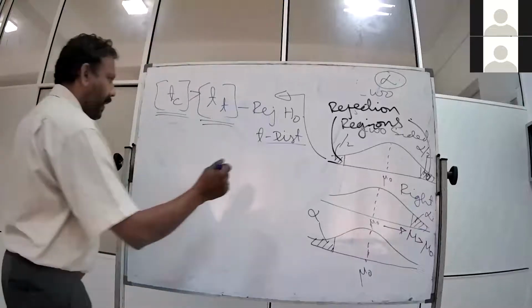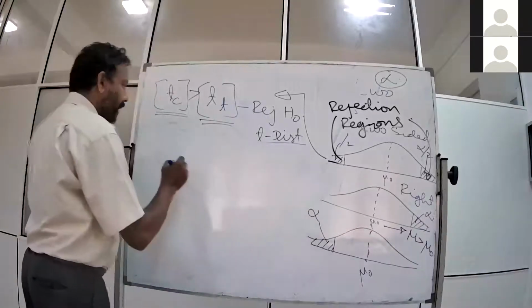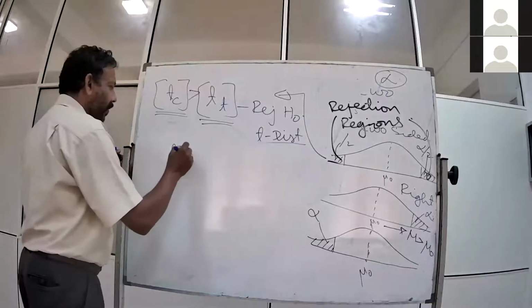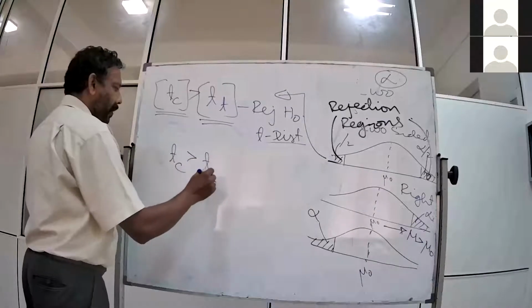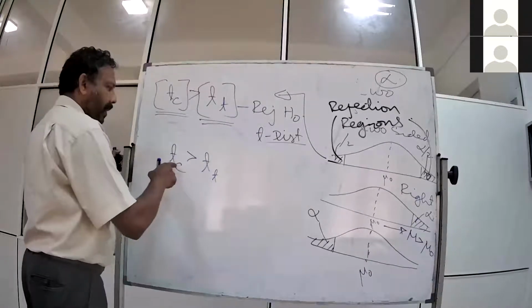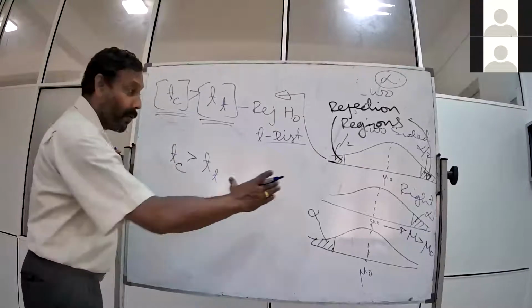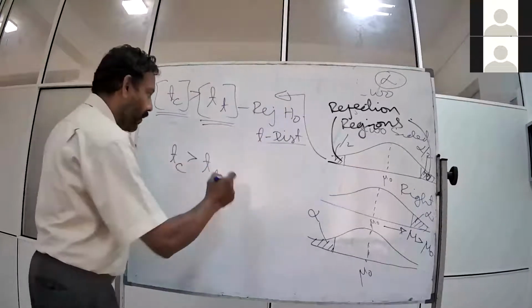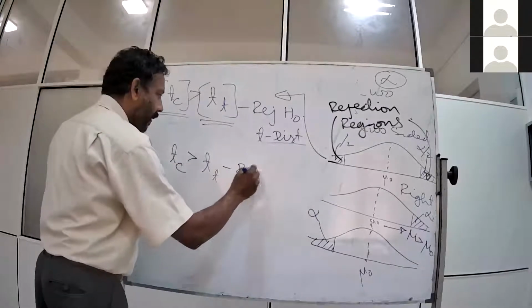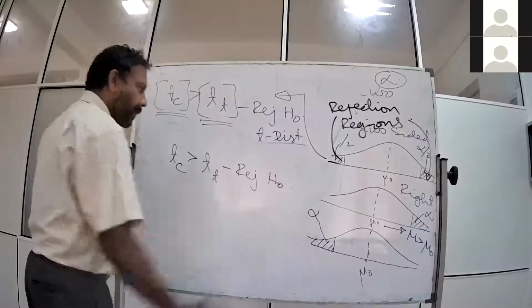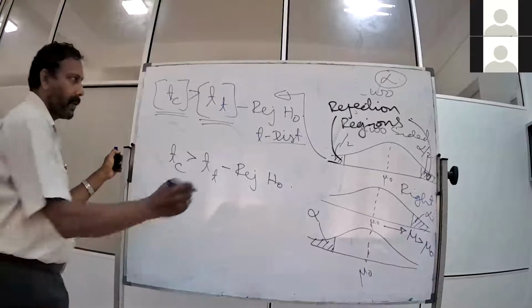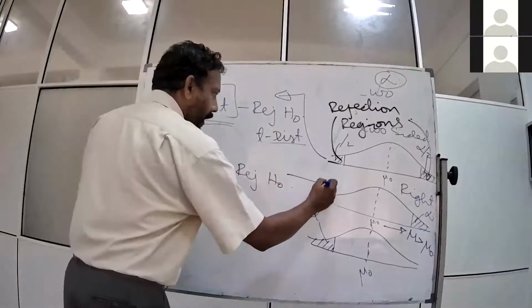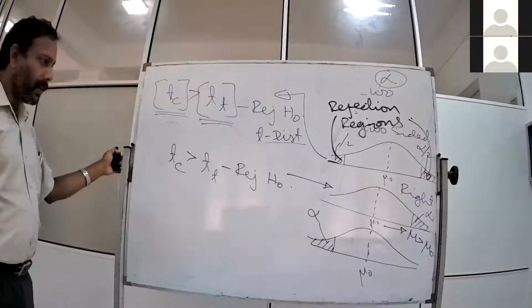Right side means the rejection region: if the calculated value is greater than the table value, not in terms of absolute value, because it is on the right side, it is always a positive value, we reject.